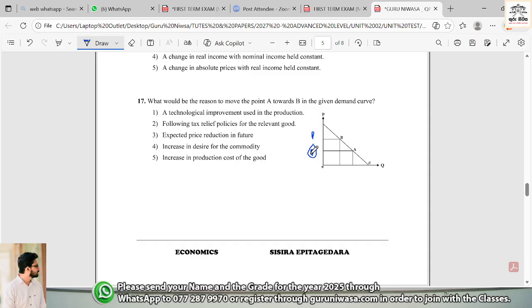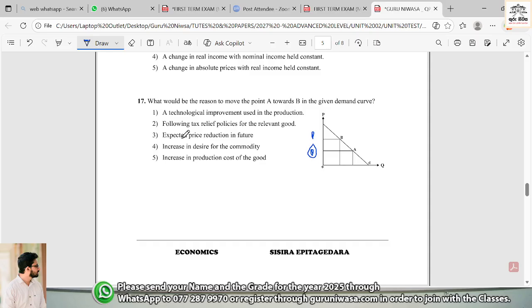Here, the supply curve should shift to the left side, affecting point A to move to point B. Clear? So what is the answer to question number 17?